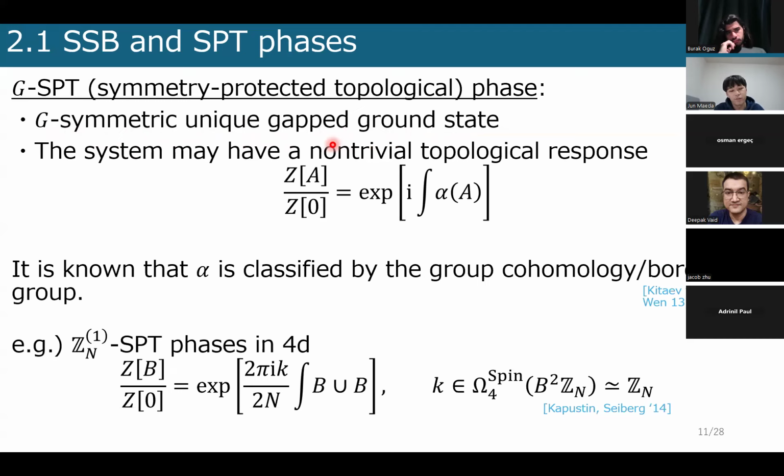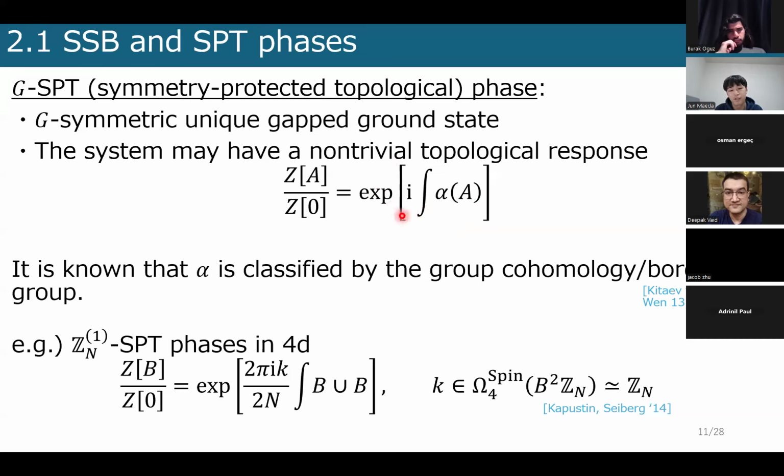But if you remember the information of G-symmetry, then this system may have a non-trivial topological response with respect to the gauge field for G-symmetry, like this form. So the point is it takes values in U(1).